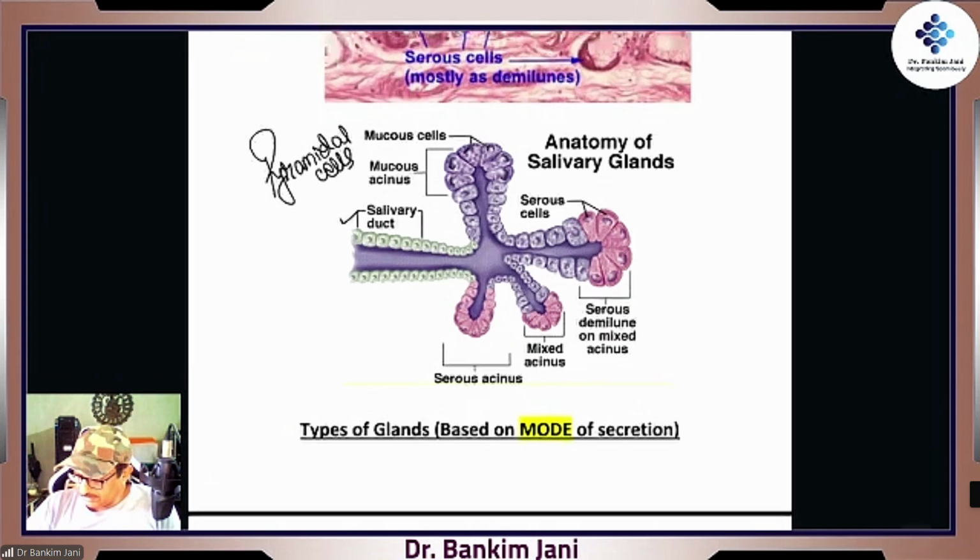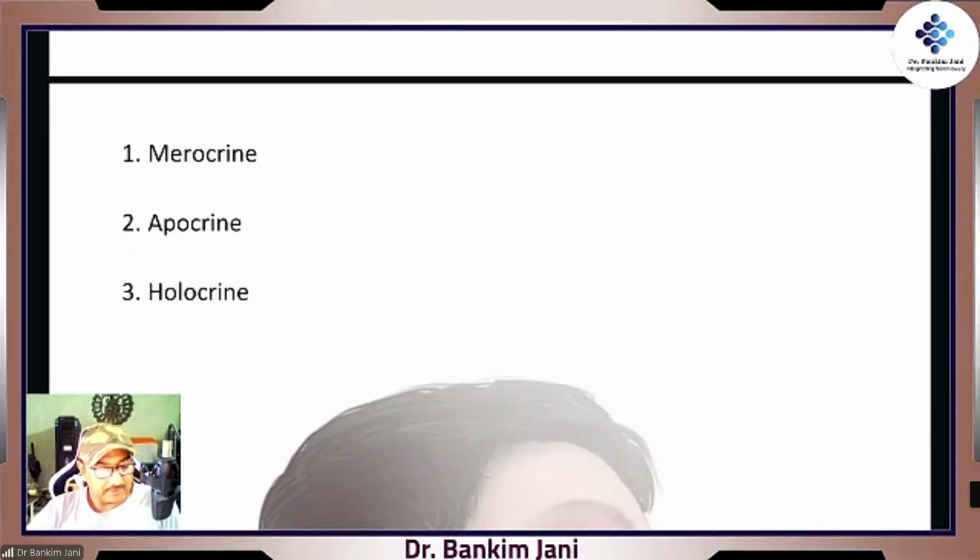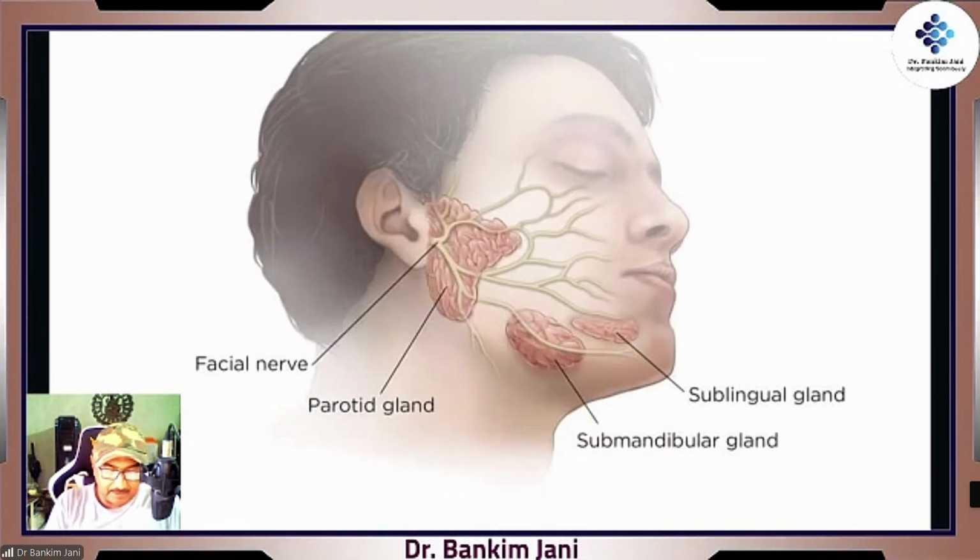So here it is. Next is the type of glands based on mode of secretion. Yesterday we talked about this mode of secretion. They are called merocrine, apocrine, or holocrine. Very easy. So just where exactly those are.